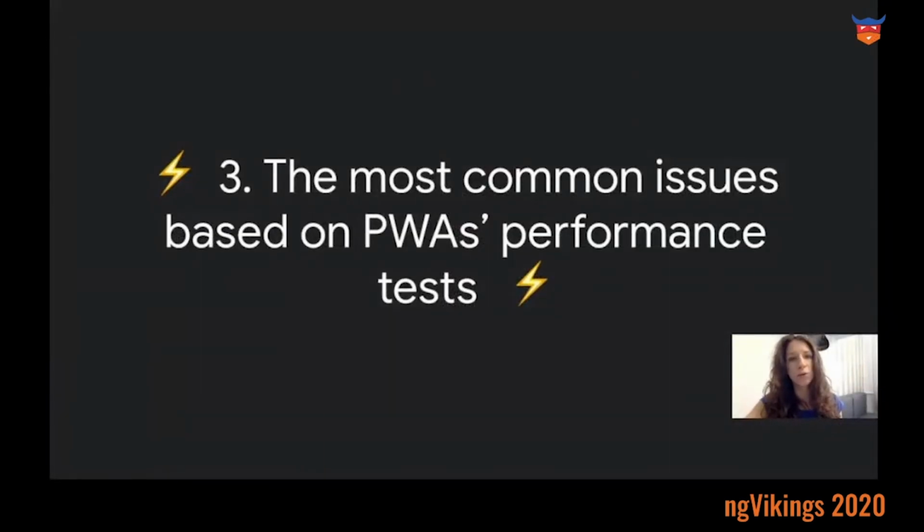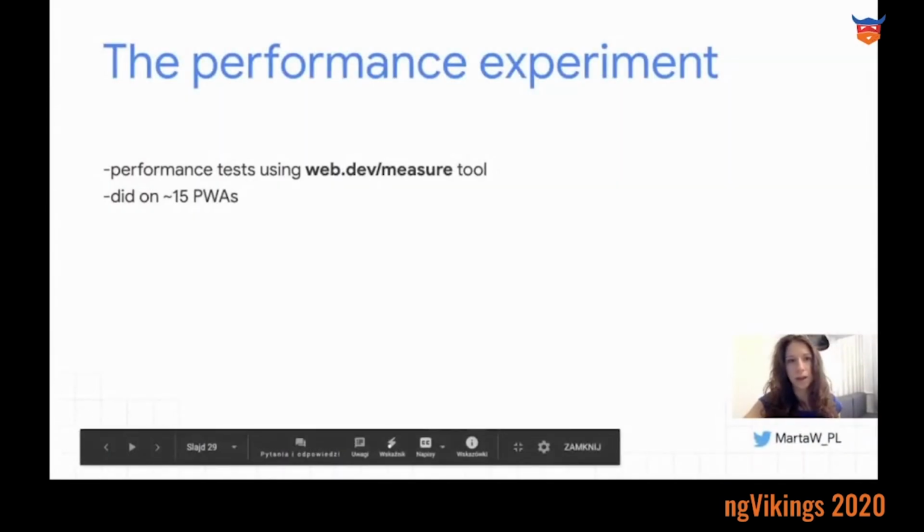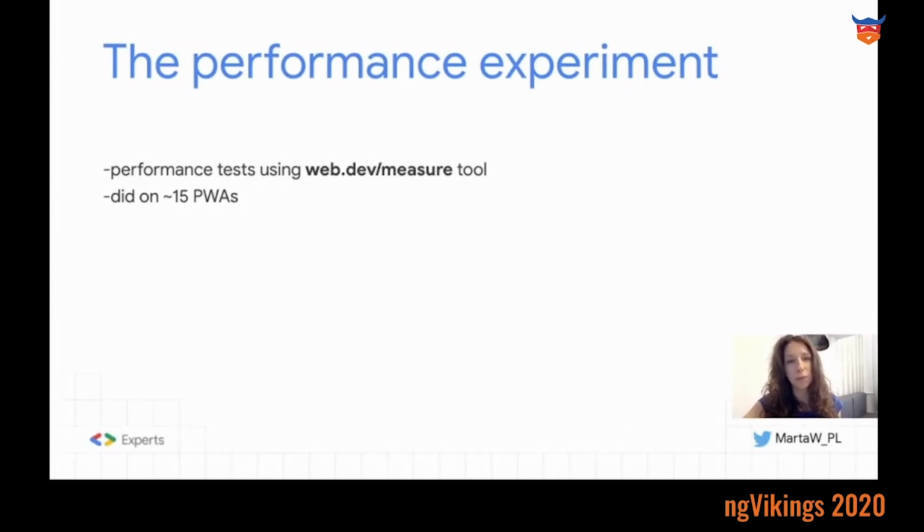Now I want to present the results of my experiment, where I tried to find the most common performance issues and tips and tricks on how to fix them. I used the web.dev platform and its measure tool to do performance tests on existing progressive web apps in the production version. I tested 15 progressive web apps.